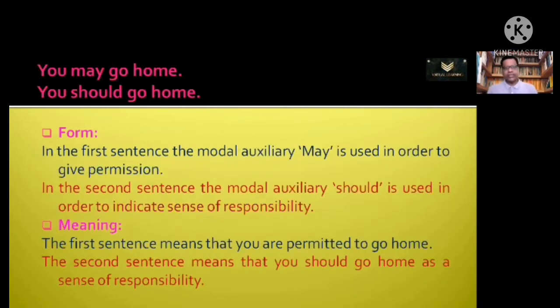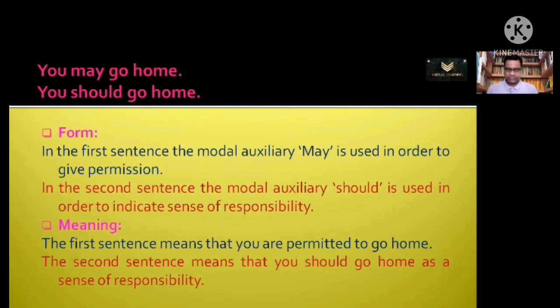Now you look at another pair on your screen. You may go home. The next sentence is you should go home. Now you look at the form of both the sentences. Probably you might have very quickly understood. In both the sentences, modal auxiliaries have been used. In the case of the first sentence, the modal auxiliary may is used in order to give permission.